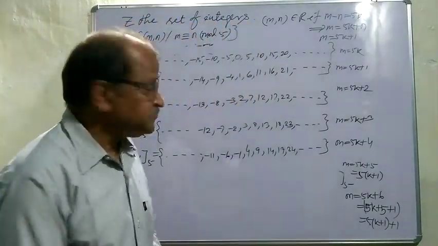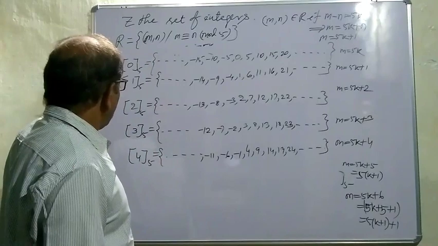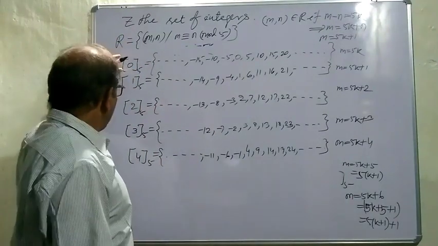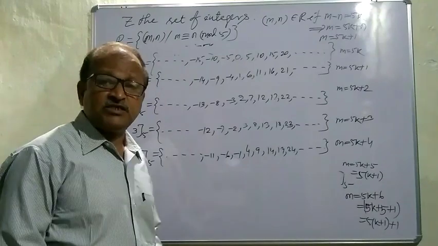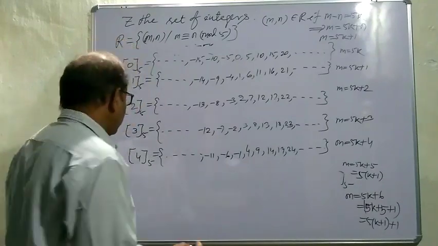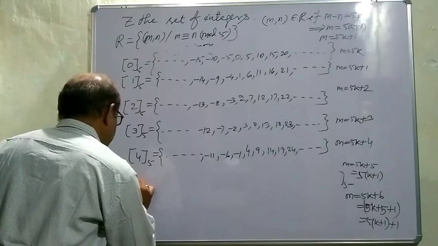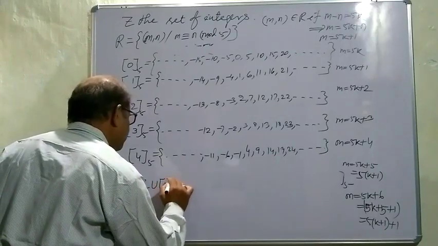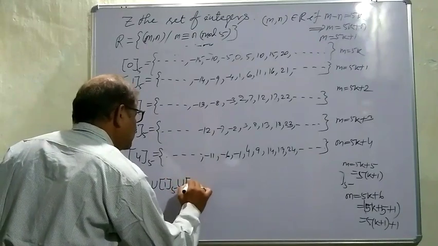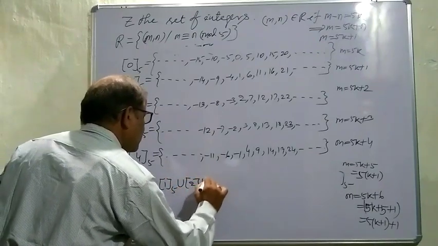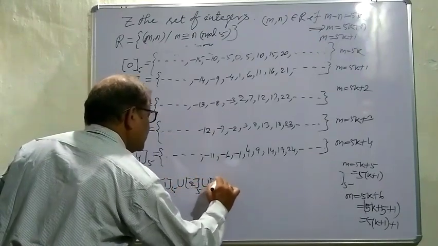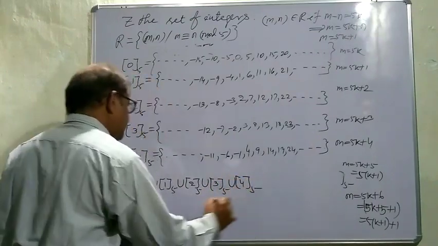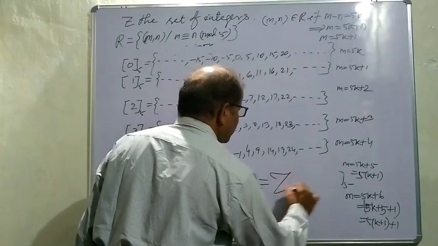So the union of all these equivalence classes is equal to the set of integers. That means equivalence class of 0, union equivalence class of 1, union equivalence class of 2, union equivalence class of 3, union equivalence class of 4, is equal to the set of integers.